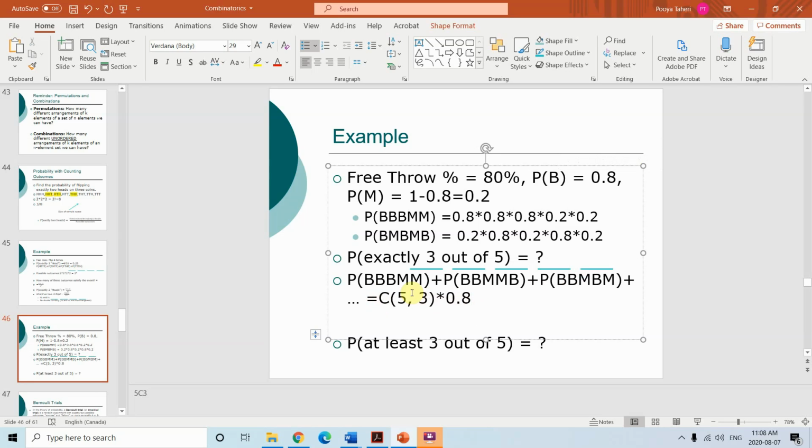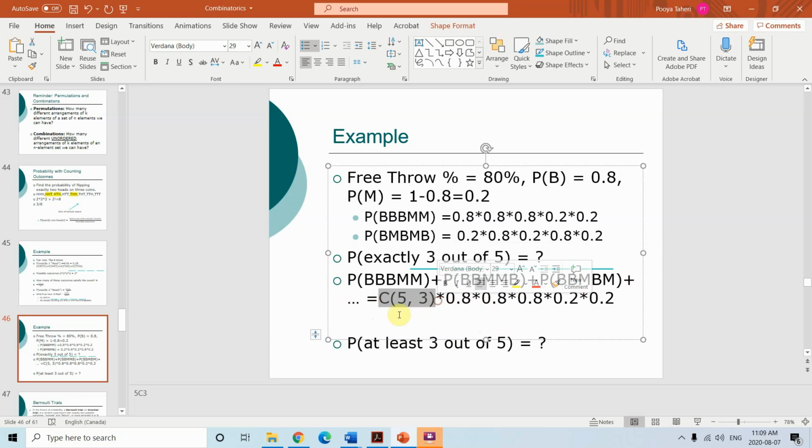Let me clarify: for each of these sequences, what is the probability of it happening? 0.8 times 0.8 times 0.8 times 0.2 times 0.2. It's the same for this one, and the same for other sequences with exactly 3 baskets and 2 misses. How many of these sequences can we have? This many.